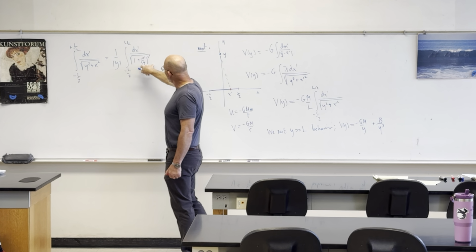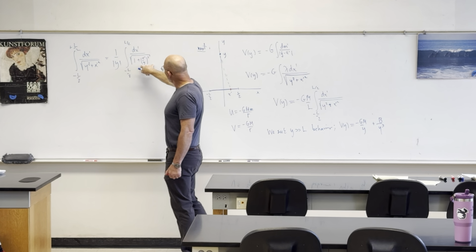We'll write it this way, 1 plus x prime over y squared, to the 1/2, in the Taylor series, or just say expanded. And x prime over y is your small quantity again.